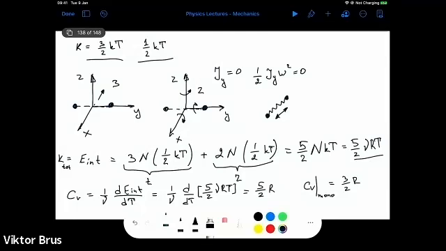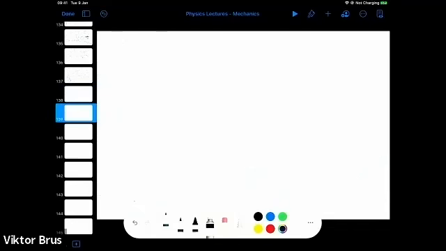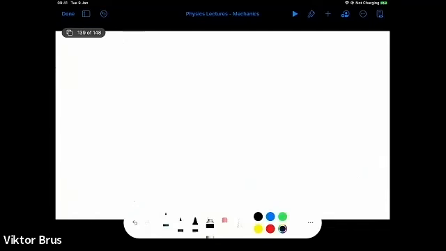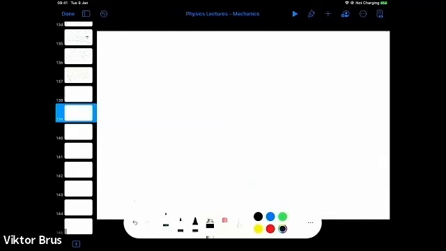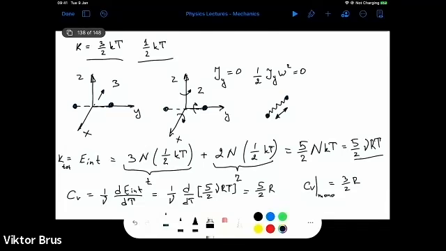So now let us proceed further and take into account the contribution of vibrational motion. So let's go to another slide. Or maybe before we do that, let's come back here.